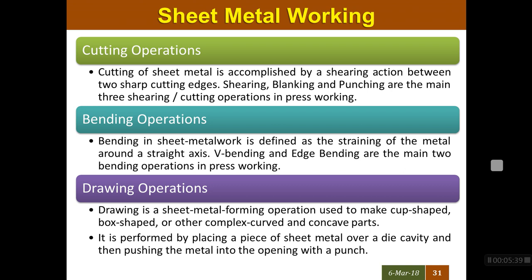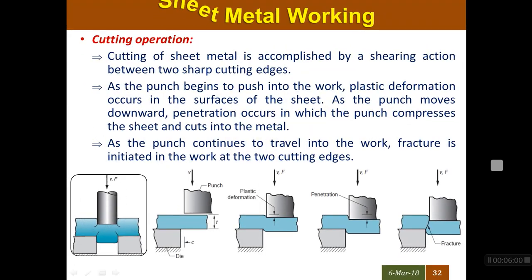Bendings are of different types, which we'll discuss according to the die shapes, and the drawing operation forms different shapes with the help of a die cavity. So the first is the cutting operation, where we cut the metal, and the second is the forming operation, where we reform the shape. Bending and drawing can be considered as forming.